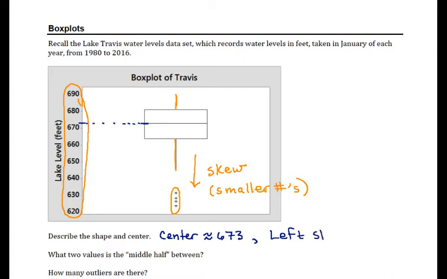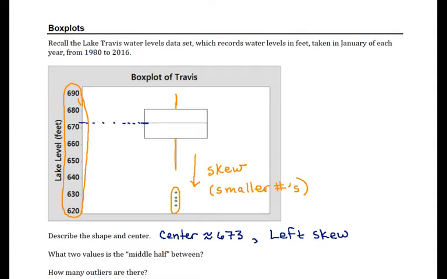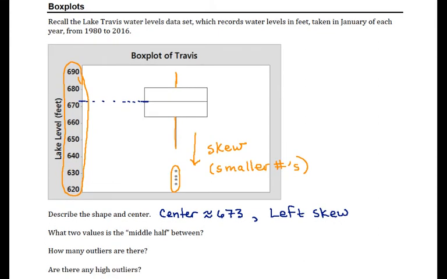We've already seen a histogram for this distribution, and we have seen that it has left skew. But we can see it from the box plot as well. Estimating the middle half, we want to identify the values that make the box, the upper and lower bounds of the box. It looks like my upper bound is very close to 680. I might call it 681.